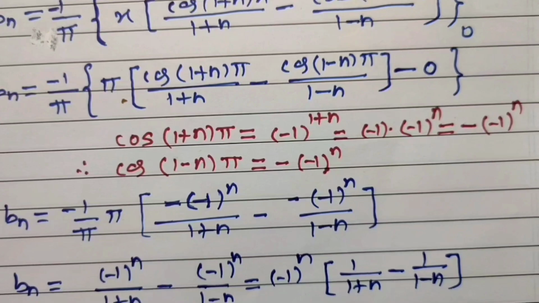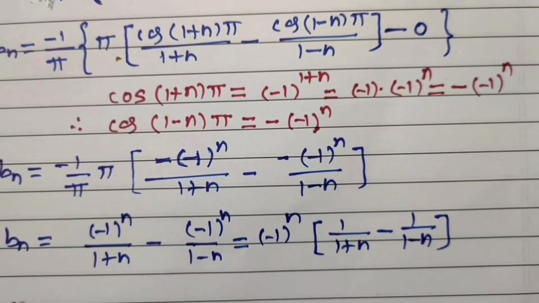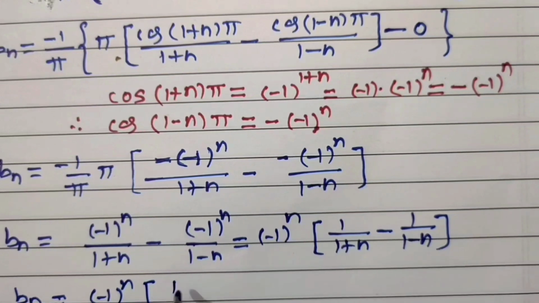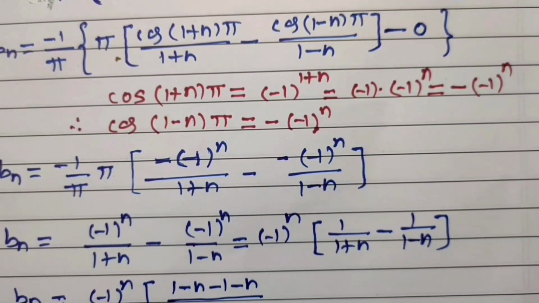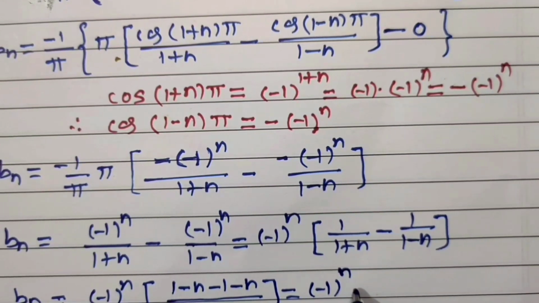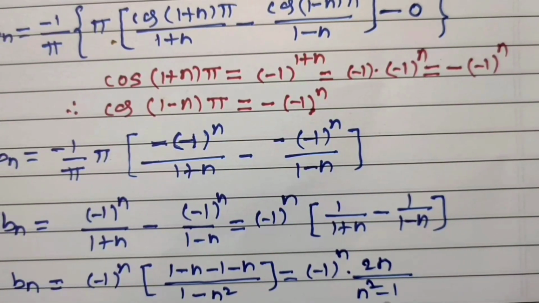Simplify this, then this can be written as Bn is equal to minus 1 to the power n into bracket (1 minus n) minus (1 plus n) divided by 1 minus n square, which is equal to minus 1 to the power n, here 1 and minus 1 get cancelled, minus 2n. So we can write 2n divided by n square minus 1.